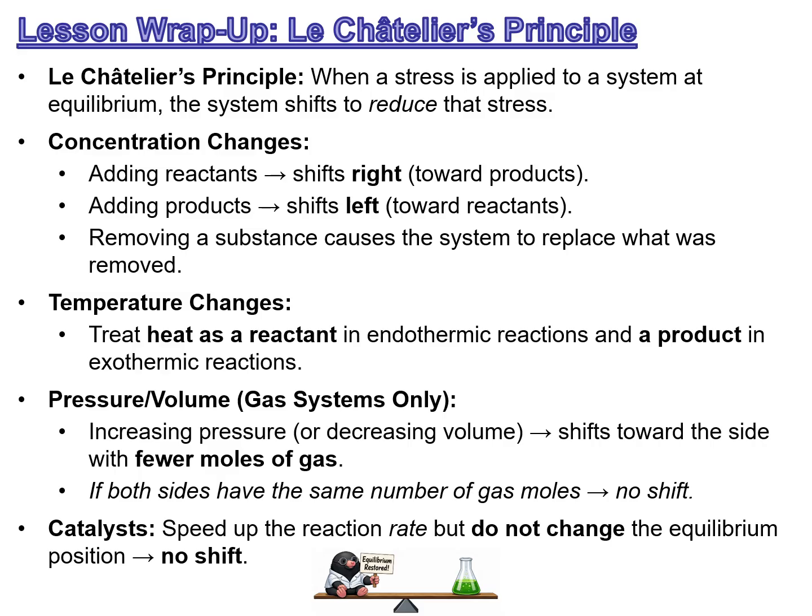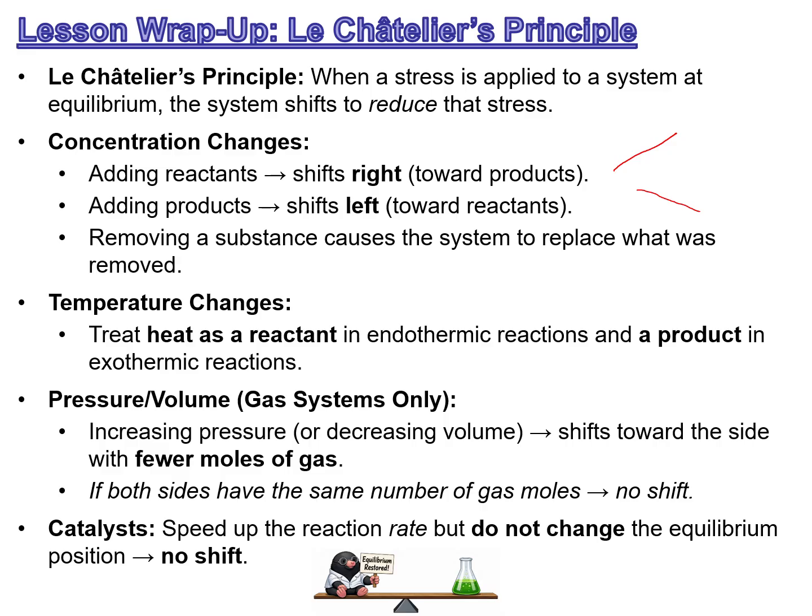If you add products, it shifts left towards reactants. And remember, you can just use the seesaw, and whichever way is pointing up is the way it's going to shift. So if you add reactants, you end up with the seesaw tilting up to the right, so it's going to be a right shift. If you add products, it's going to be a seesaw tilting up to the left, so it's a left shift. Works the same way if you remove products.